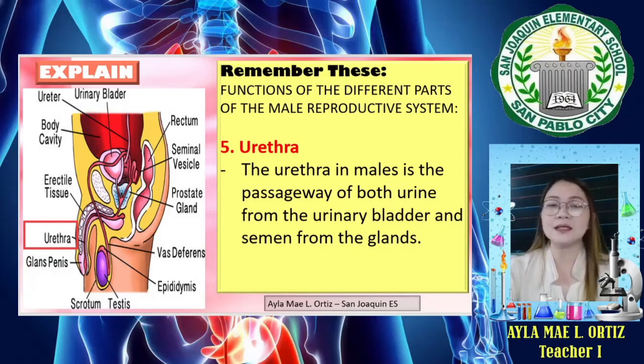So in males, class, it is about 8 inches to 20 centimeters long. It runs the length of the penis and opens at the end of the penis. So the male urethra is used to eliminate urine as well as semen during ejaculation.